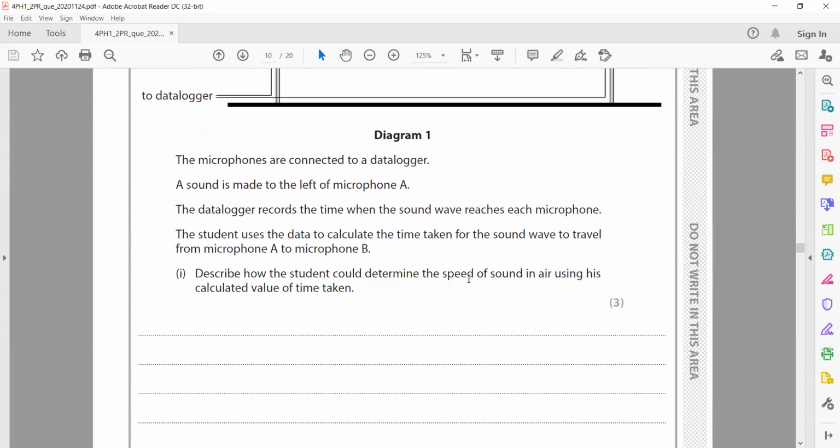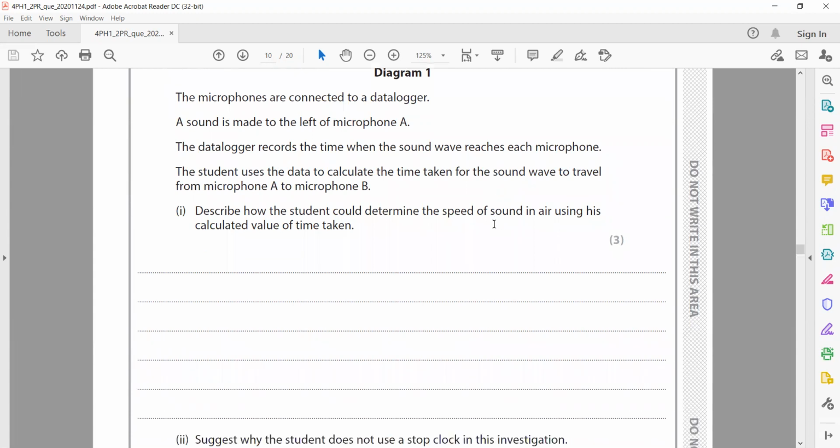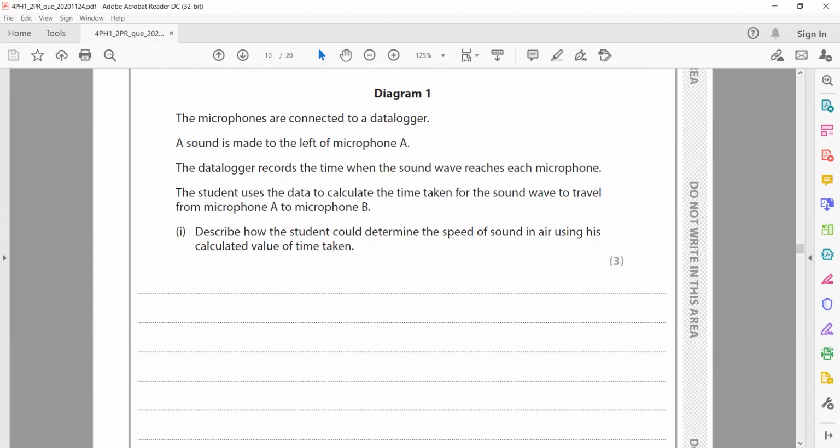Describe how the student could determine the speed of sound in air using his calculated values of time taken. So the student can use the formula speed equals distance over time. The student can measure the distance between the two microphones.